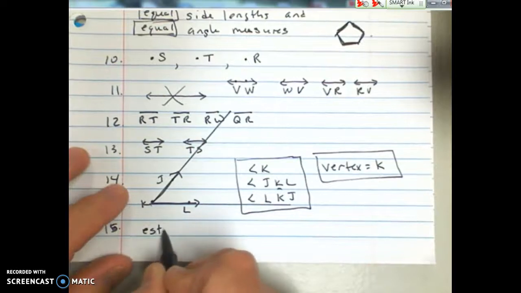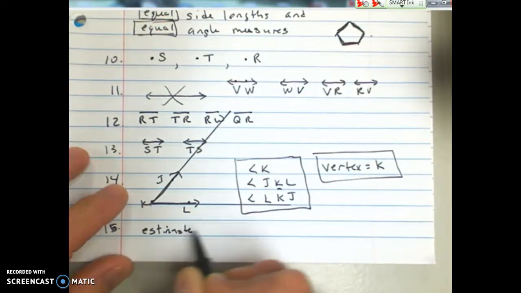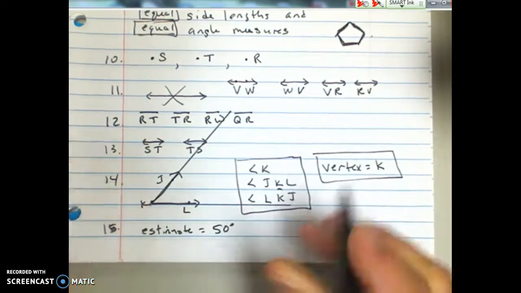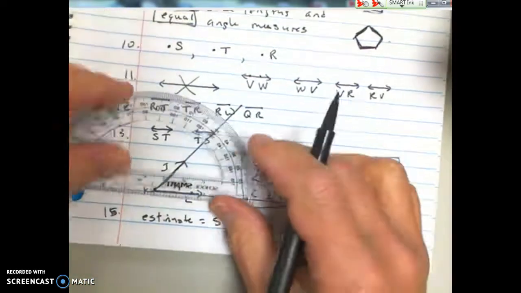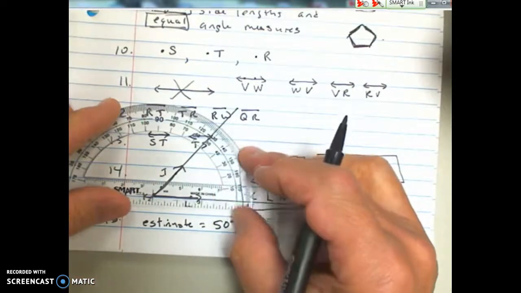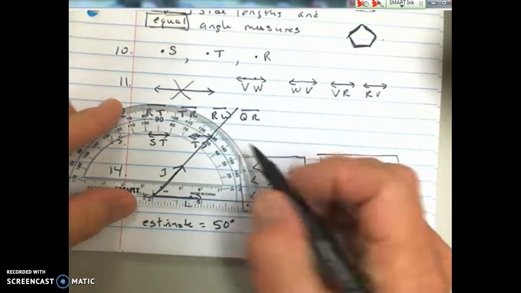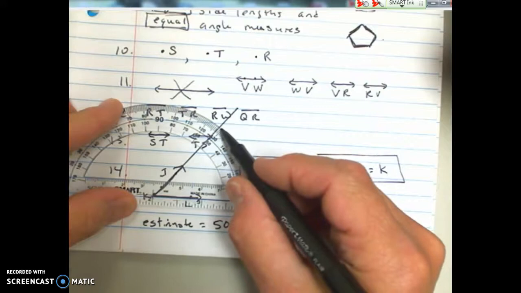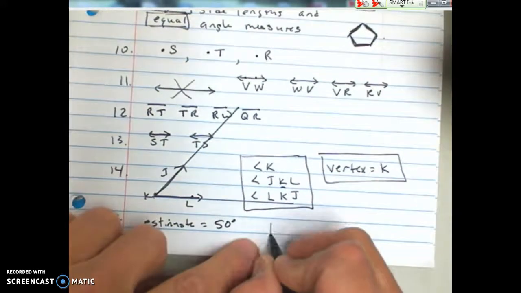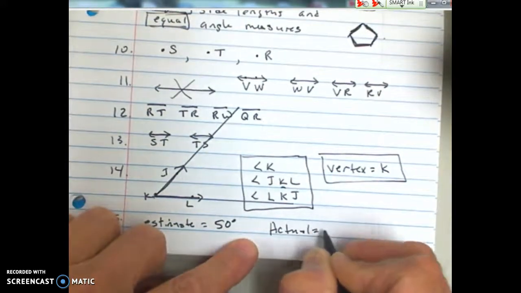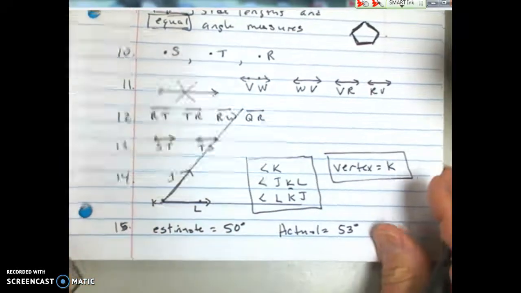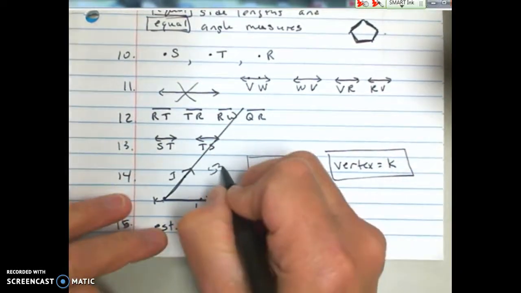That's my estimate. I'm just guessing. I know it's an acute angle, so my estimate is equal to 50 degrees. I'm going to measure this now, and I see that my angle is equal to about 52, 53 degrees. The actual is equal to 53 degrees. So I've actually measured it, and I can label it too, 53.